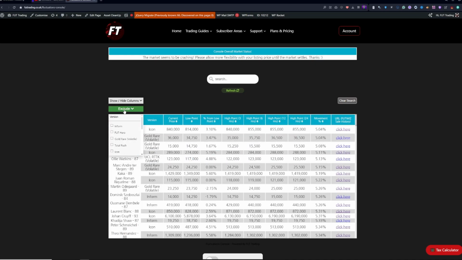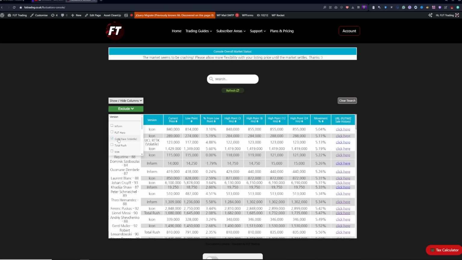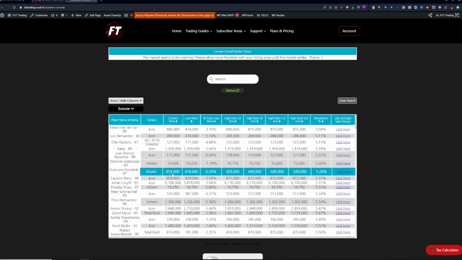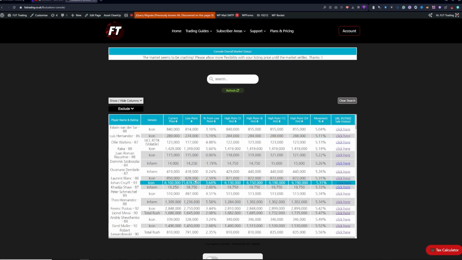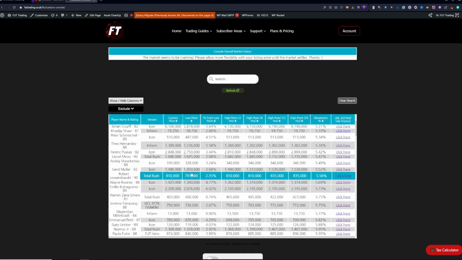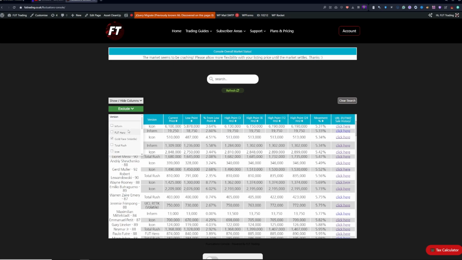Now with the price group, if you go onto the exclude tab, you can take out versions, okay? So like we don't want to trade with golds today, you can click on the button there to get rid of it, and then it won't display golds. And now you only have all the ones that maybe you want to trade with in real time, okay? If you scroll further down, you can exclude price groups.